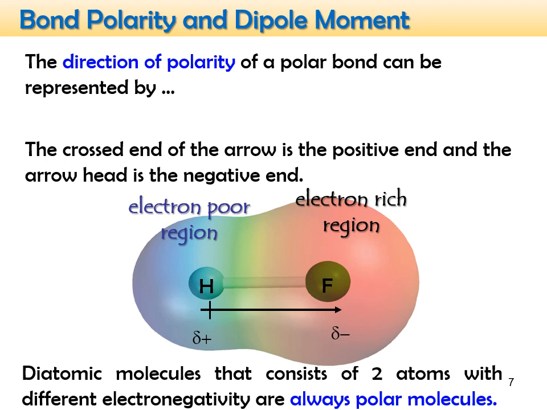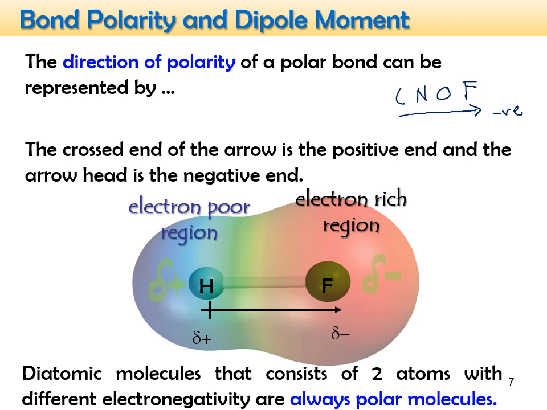This side is partially positive for the hydrogen atom, and this side will be rich in electrons, so we label this as partially negative. The electrons will tend to be at this region due to the electronegativity that we already learned. Fluorine is the most electronegative atom.